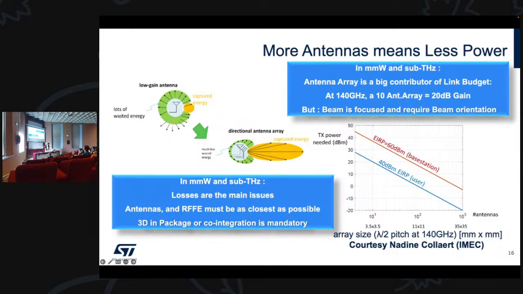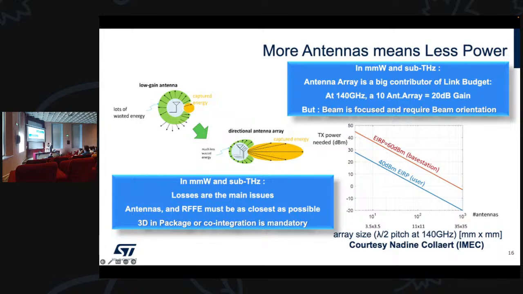So is it magic? Yes and no. Because if you focus your power in one part of the space, that means that you transmit efficiently. But if the mobile is moving, you have to follow the mobile, because if you don't follow it, you lose your communication.